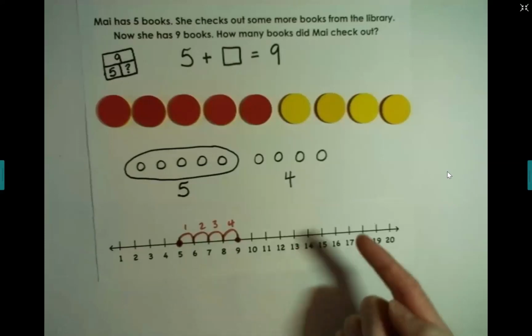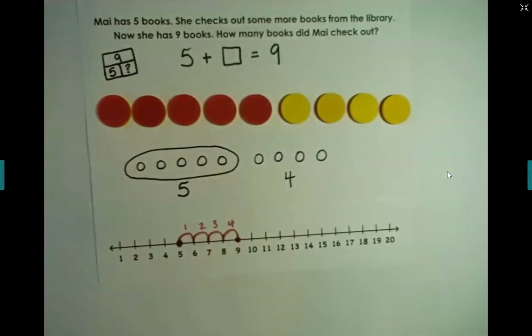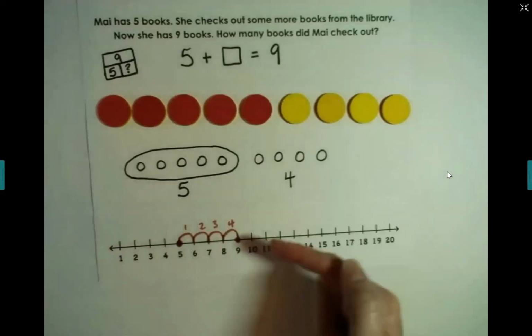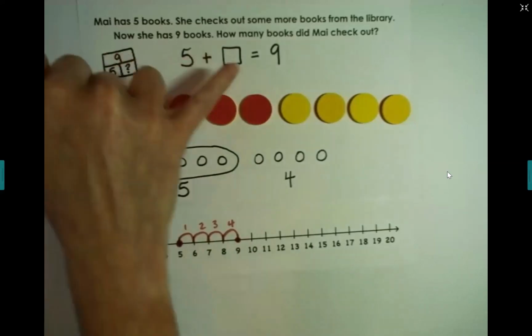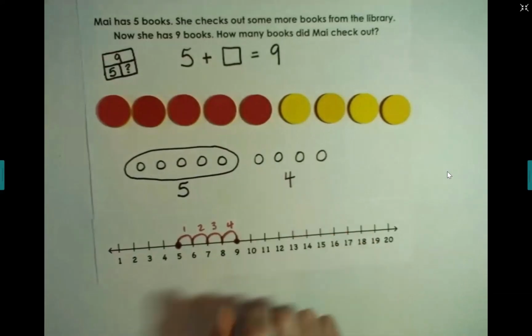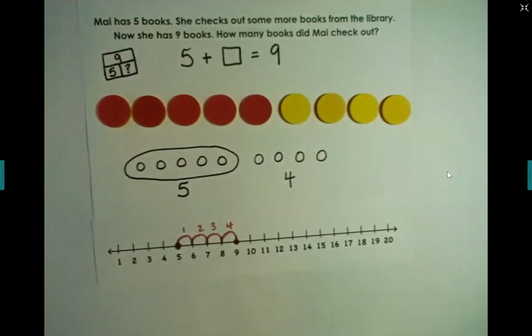And then we can make that connection between our concrete and our representational strategies to see the similarities between each one as well as those differences, but how they helped us all reach that unknown amount of how many more were added on to 5 to equal 9 to find out those 4 books were the number that May checked out from the library, that change unknown.